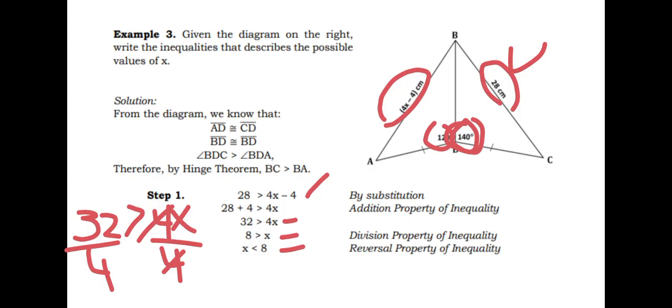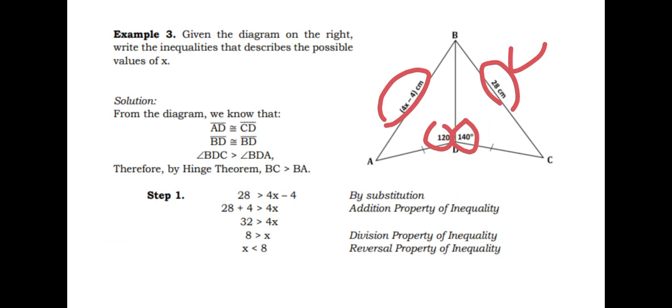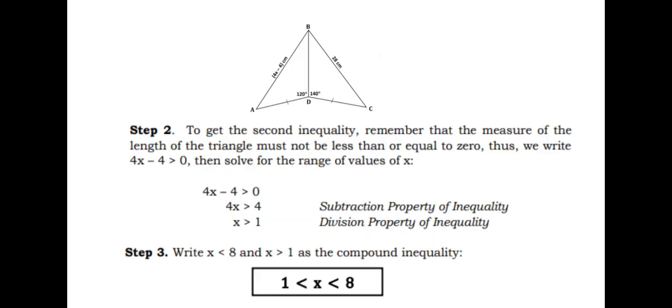Okay, so that will be step 1. For step 2, to get the second inequality, remember that the measure of the length of the triangle must not be less than or equal to 0.